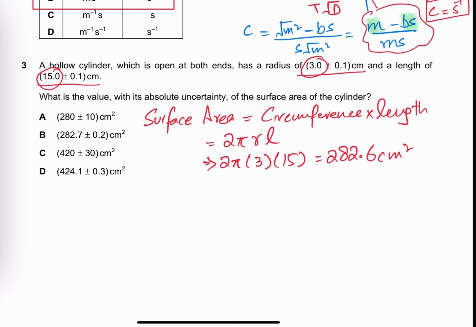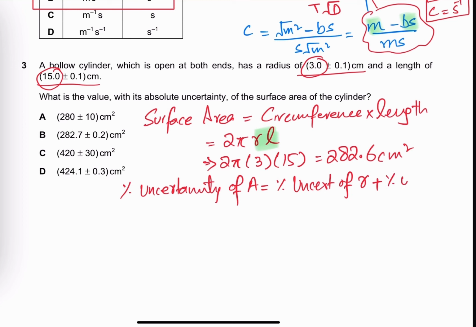Okay, so now let's work on the uncertainty. As L and R are multiplying with each other, first of all we have to find the percentage uncertainty of the area, then we can find the absolute uncertainty. The percentage uncertainty of A is equal to percentage uncertainty of R plus percentage uncertainty of L. Okay, so this will be the equation.